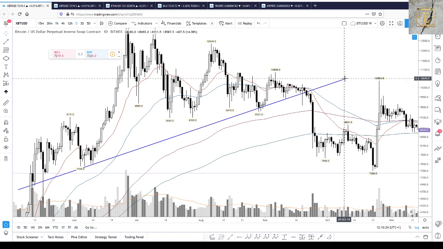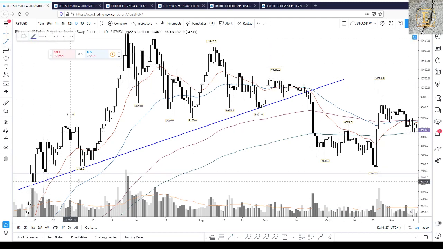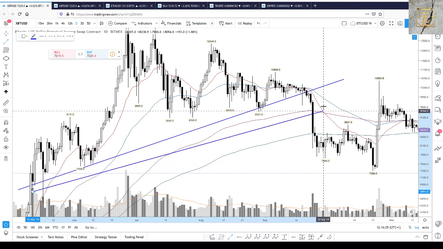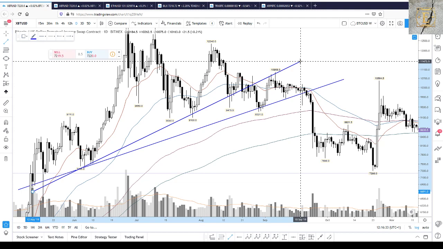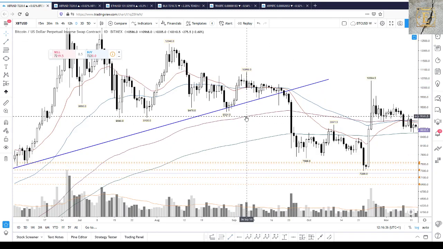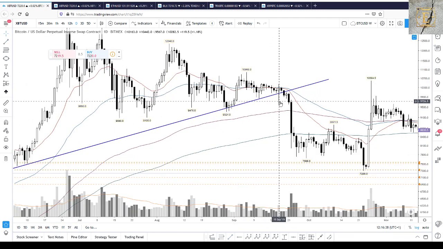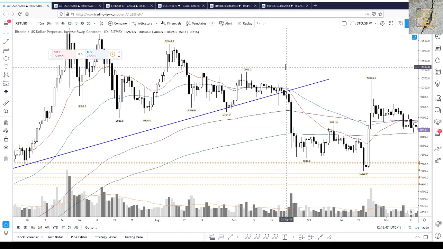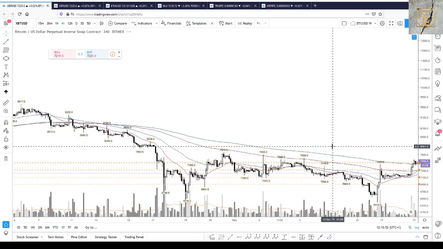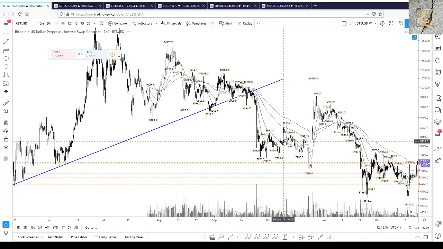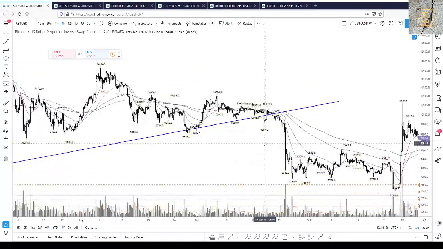Indeed, I think here was head and shoulders. I can't remember, but okay, this one. Okay, let's consider only this one. So September 19. Let's go to the 4 hours. September 19.